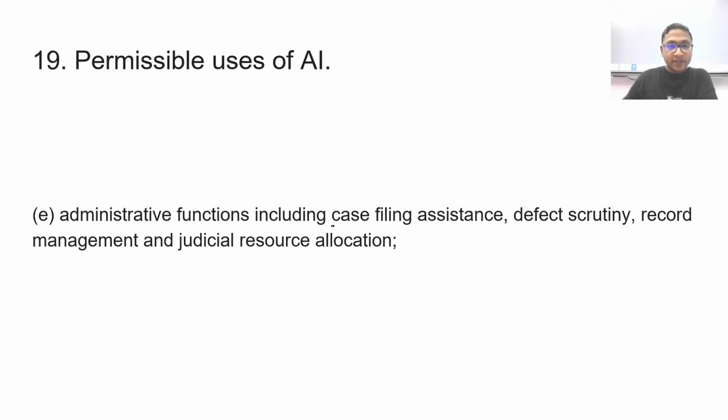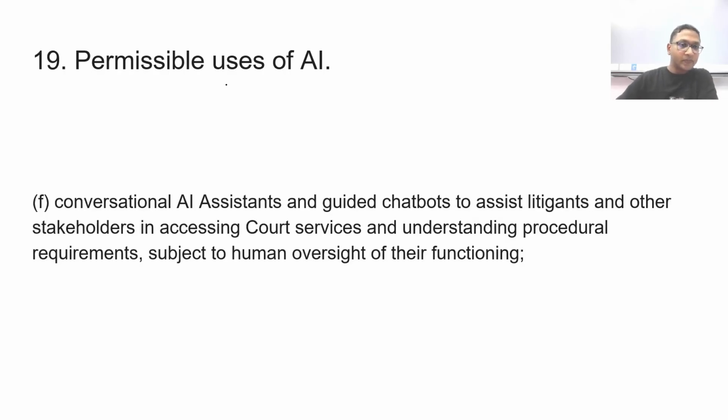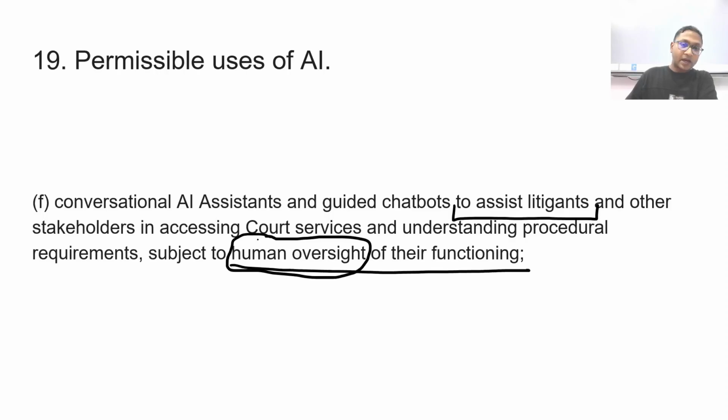Administrative functions including case filing assistance, defect scrutiny, record management, and judicial resource allocation are permissible uses of AI. Conversational AI agents and guided chatbots may assist litigants and other stakeholders in accessing court services and understanding procedural requirements, subject to human oversight of their functioning. Now you can see that these things are loaded with human oversight and accountability.